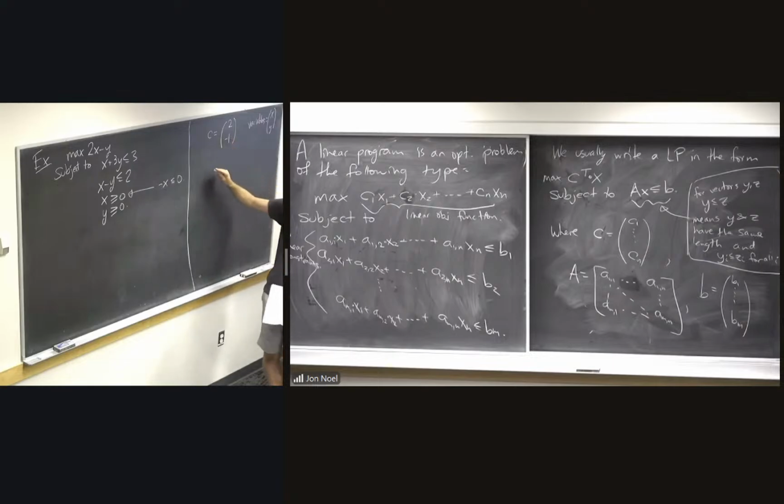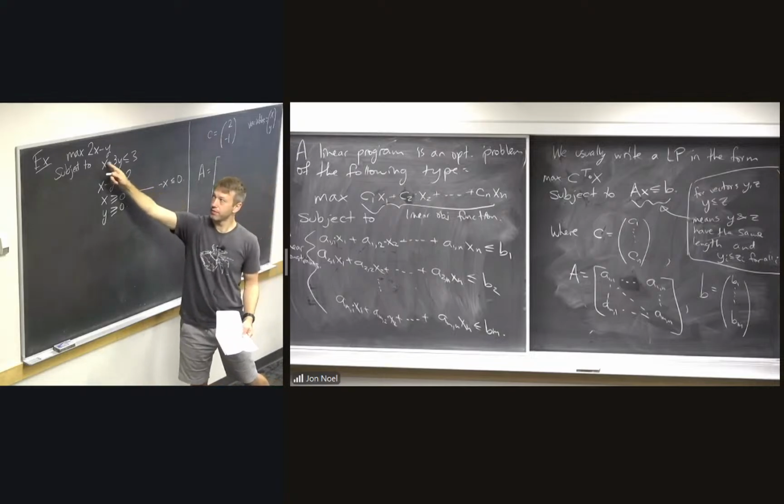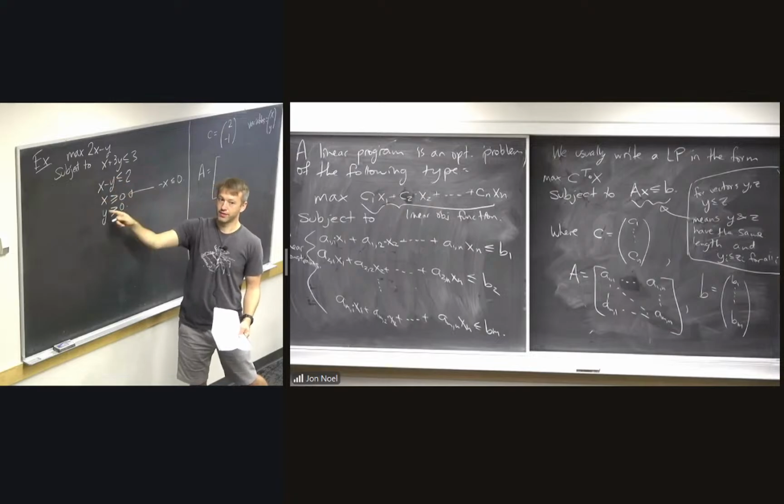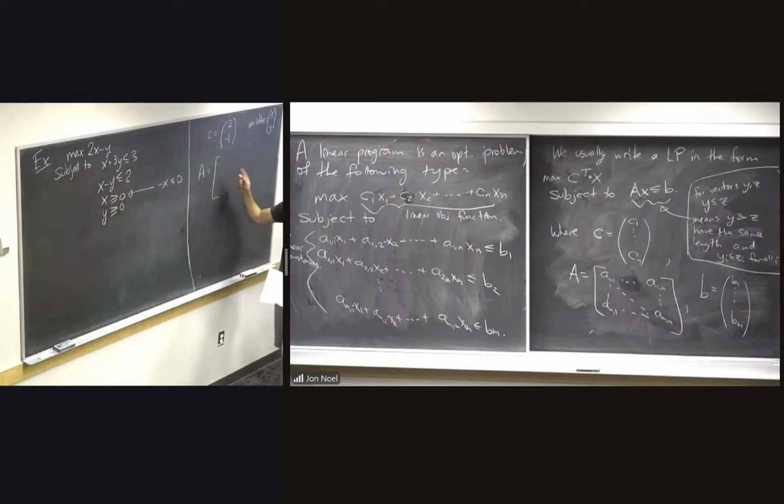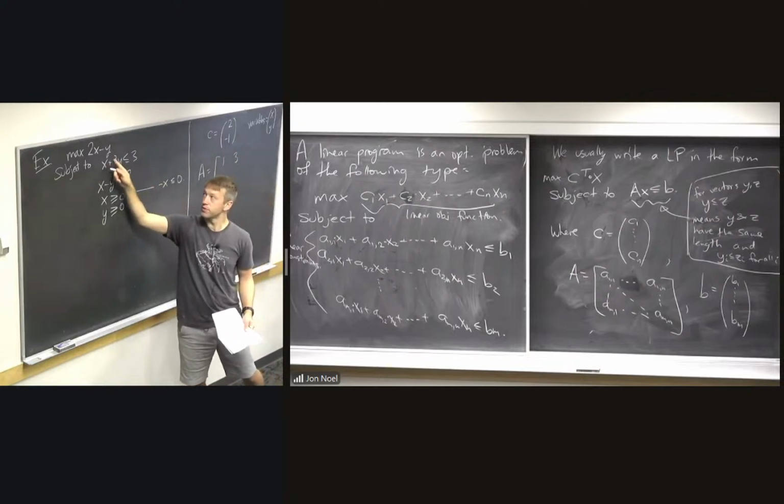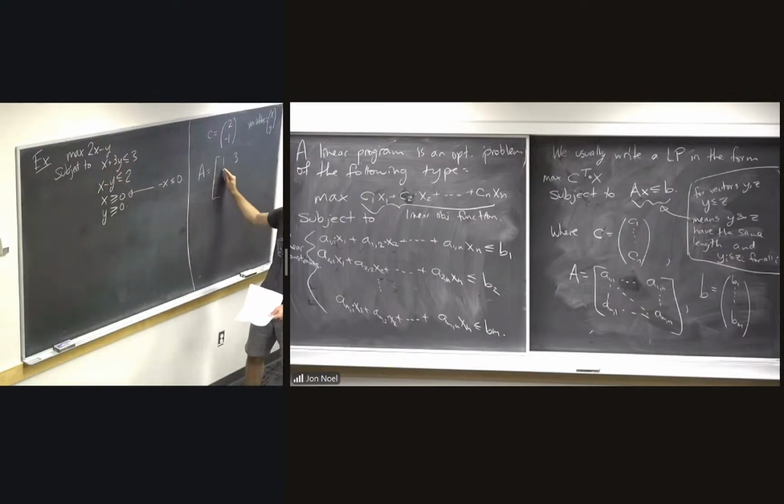The matrix A, you can just get by reading off the coefficients of the constraints, but you have to be careful. So A would be 1, 3 from the first constraint. Second constraint, I've got a 1 and a -1.